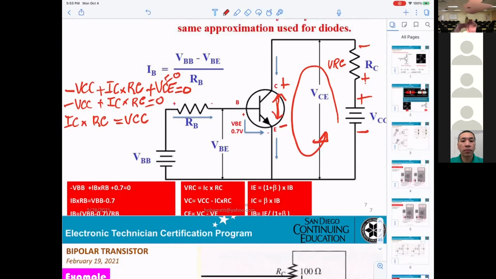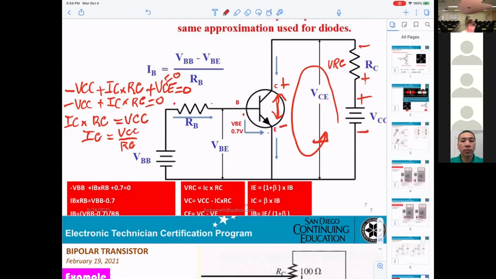Now you divide both sides by RC, and then RC on one side will cancel out, and IC will be by itself. Now, this only applies if the voltage VCE equals 0.